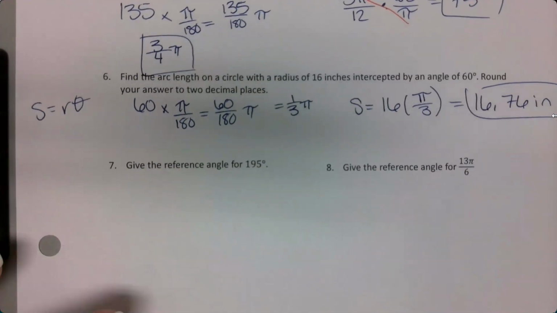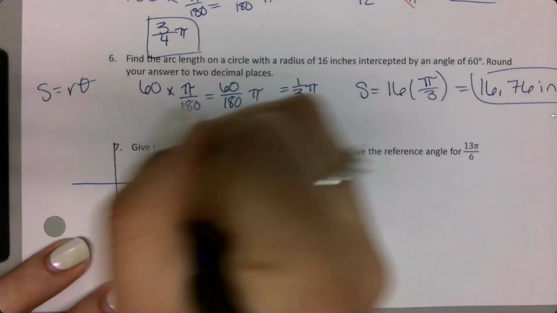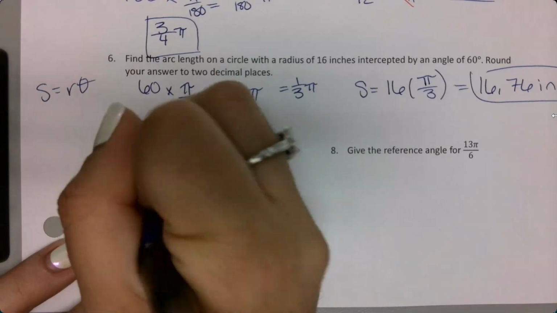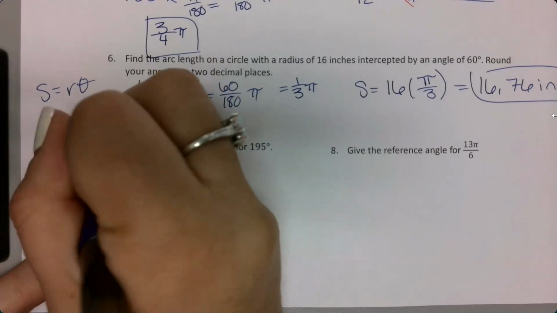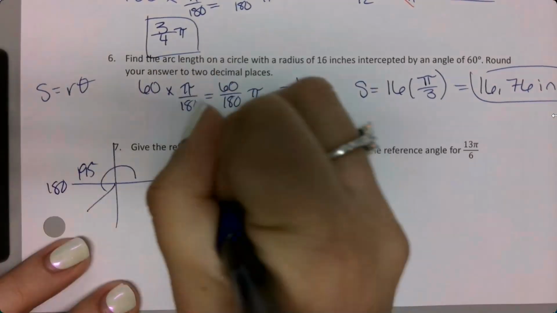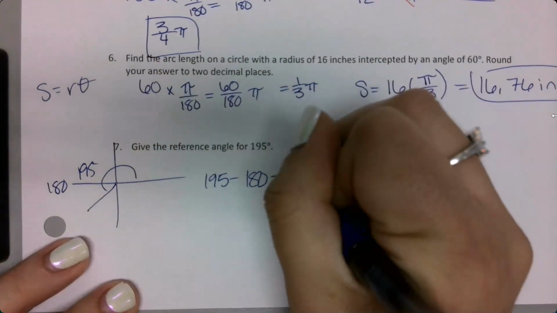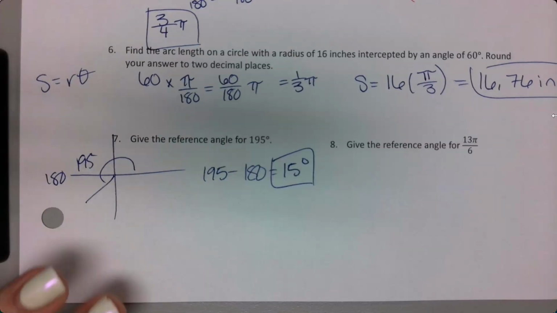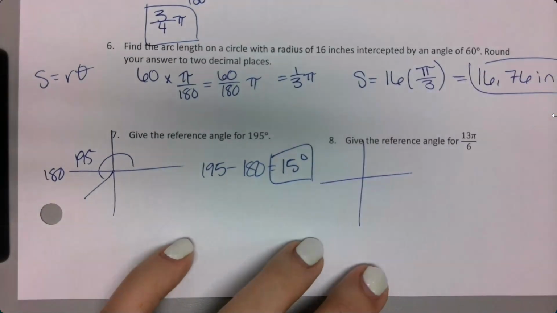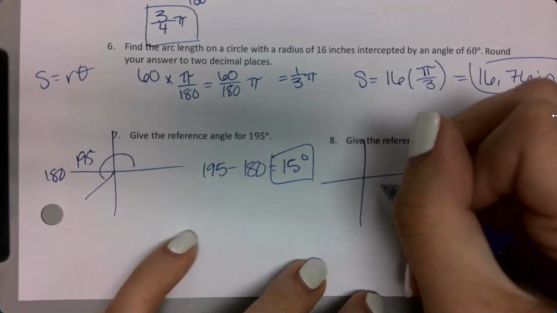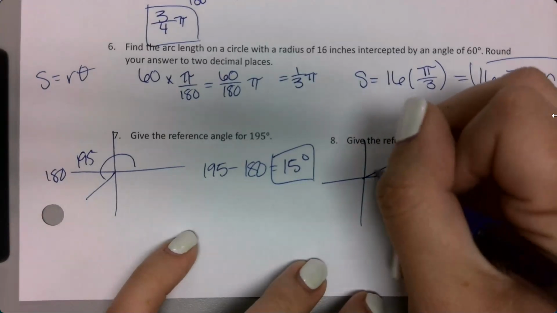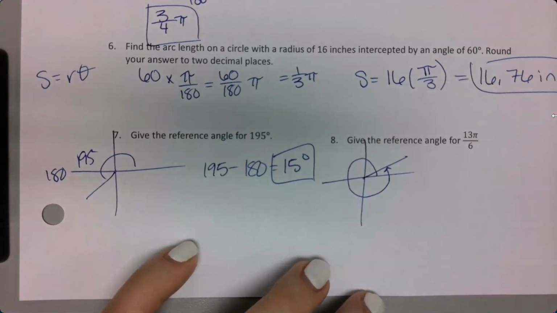The next one wants me to give the reference angle for 195. So 195 is here, next to the 180. So I'm going to do 195 minus 180, which gets me 15 degrees. Number 8 wants me to give the reference angle for 13 pi 6. This one is right here.